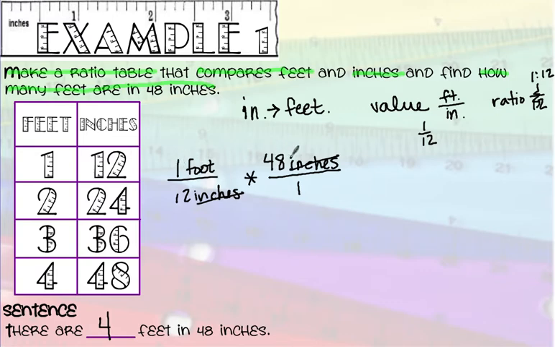So I end up with 1 times 48 equals 48 over, I'm sorry, over 12, which is equal to 4. And I know that foot is my only unit left, but because there's more than 1, it has to be feet. So I know that my answer has to be 4 feet. Okay, and that matches what we got in the table.